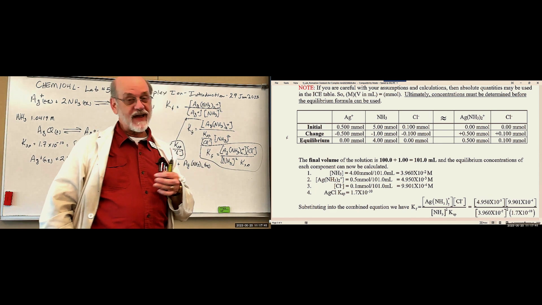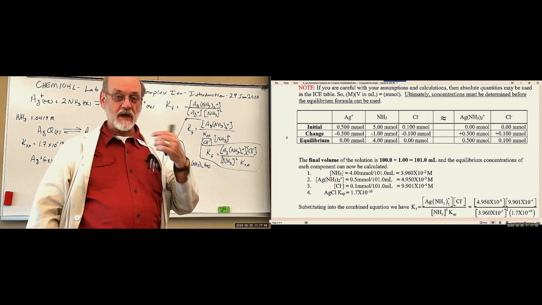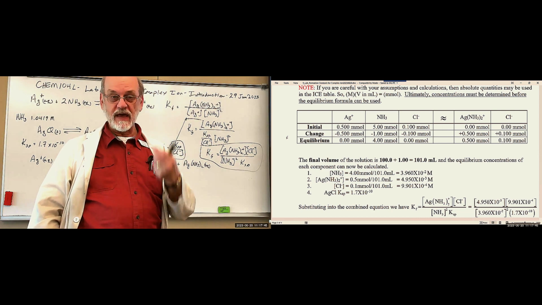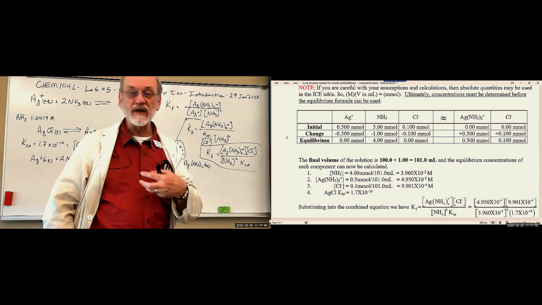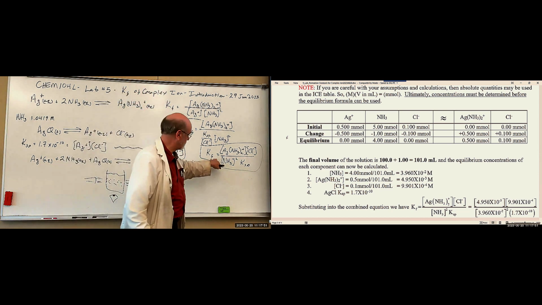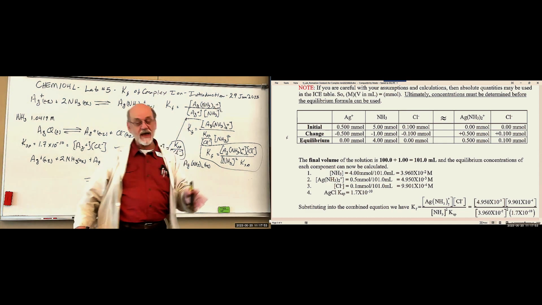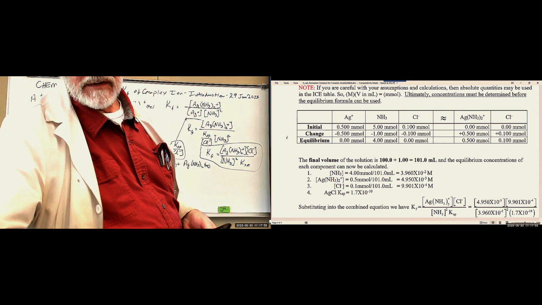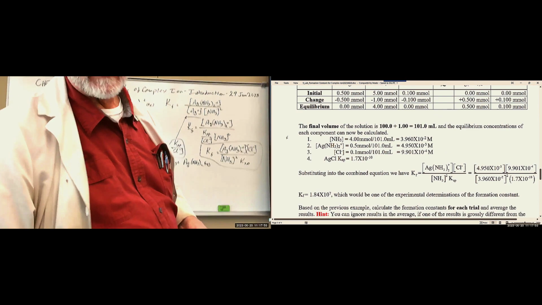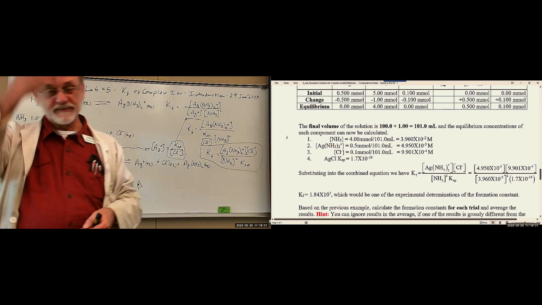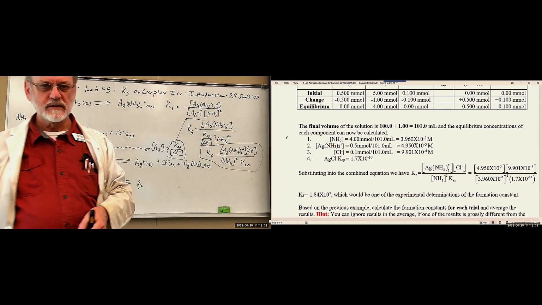And now we get values for ammonia, complex ion, chloride, and we have the KSP. And now we can plug those into this equation right here. And when we do that, we get a value. And in this case, I got a value of 1.84 times 10 to the 7, right? Which is pretty close. What was it?